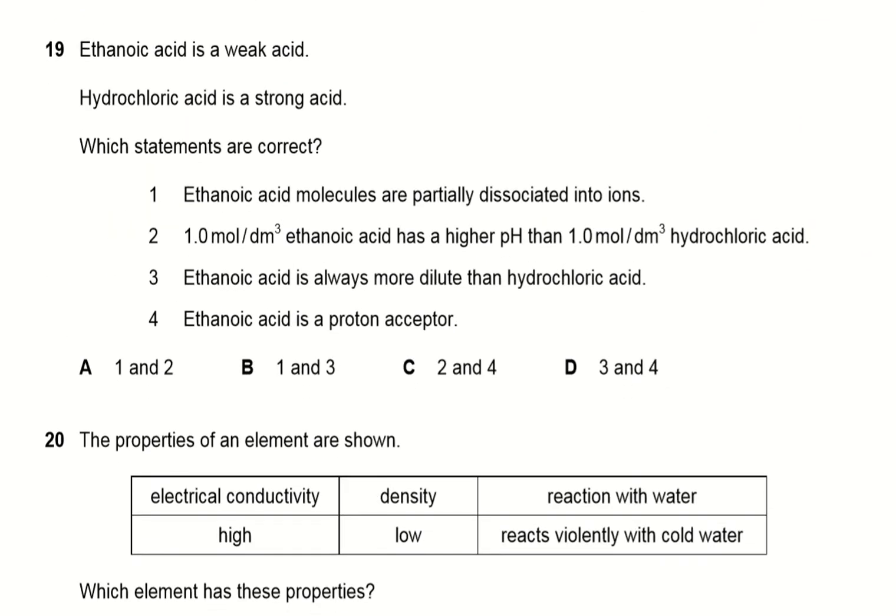Number 19. Ethanoic acid is a weak acid. Hydrochloric acid is a strong acid. Which statement is correct? Ethanoic acid molecules are partially dissociated in water. So now, what makes a substance a weak acid and what makes another one a strong acid? Weak acids partially dissociate in solution.